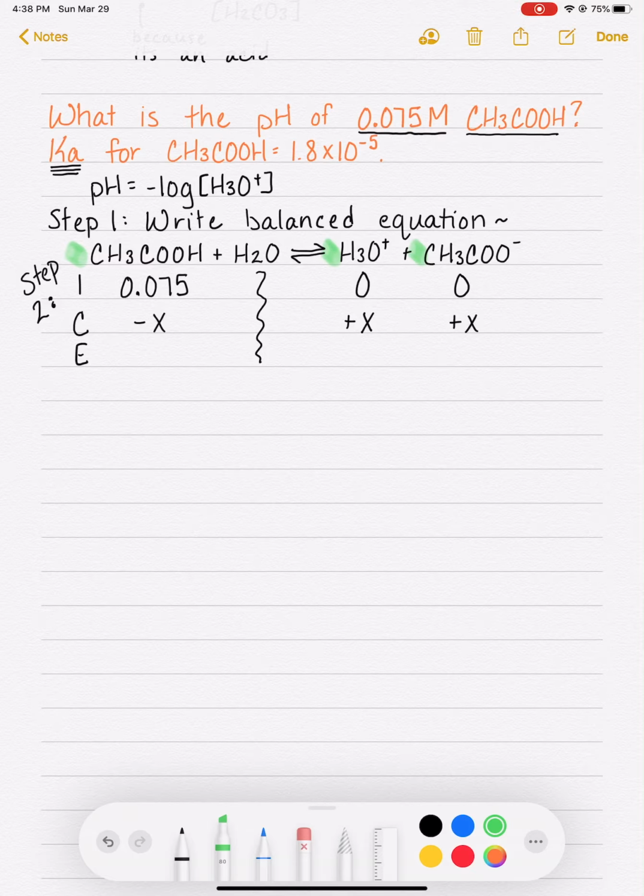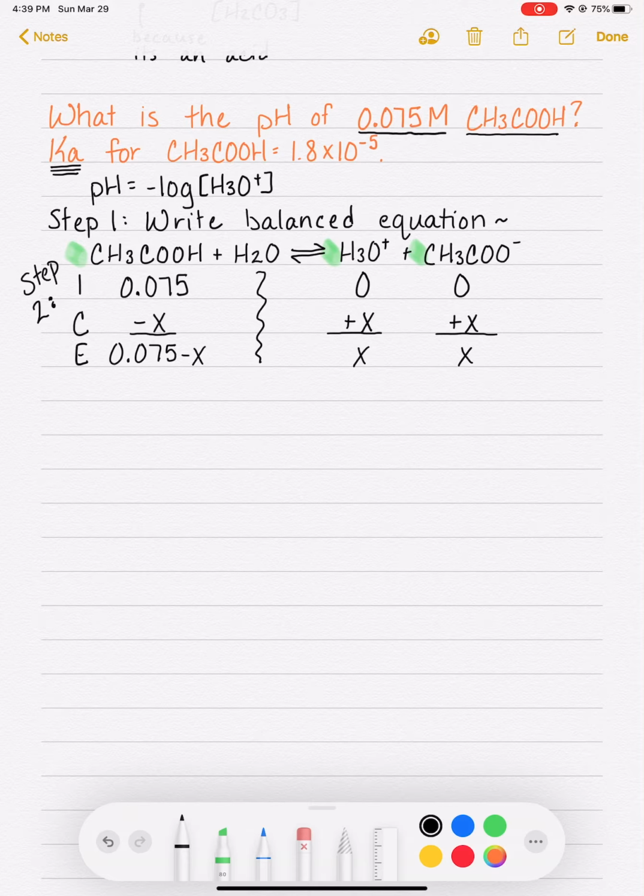Everything is 1 to 1 to 1 here. So if we are reacting minus X of our reactant, then we are making plus X of each of our products. So at equilibrium, we have 0.075 minus X, we have X H3O+, and we have X CH3COO-.